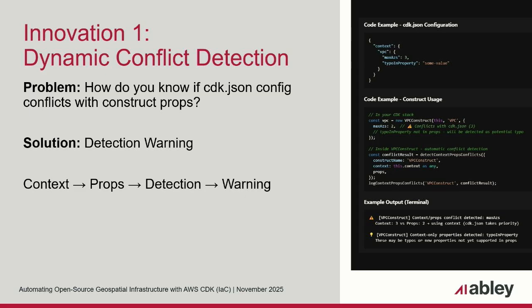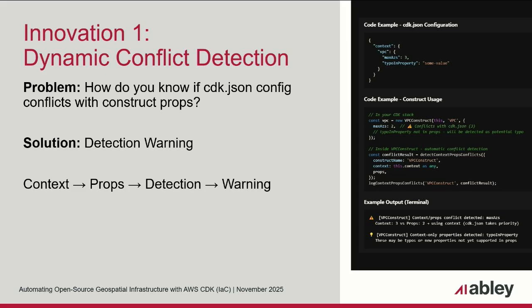We wanted it to work with any property name, but it should also provide us some sort of warning that, okay, this property is not implemented in AWS. So we worked on this.